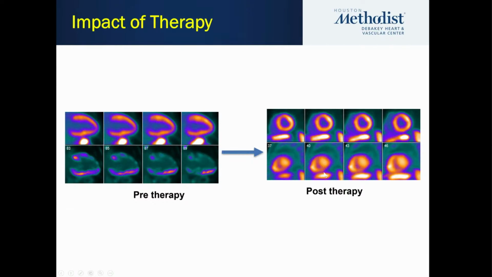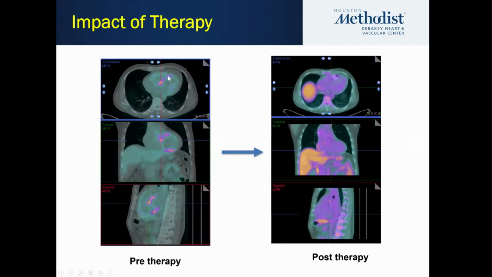This is where PET could help, another unmet need, which is following up these patients for therapy. And this is what we call the Kasi effect. Our doctor here, Dr. Kasi, is the one who's following these patients and giving them aggressive immunosuppression, steroids and CellCept. And you can see here, if you put it on the fused images, you see the FDG uptake in the LV, in the septum, and on follow-up, it's all gone here.